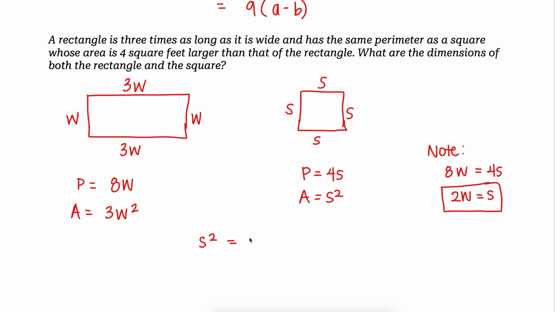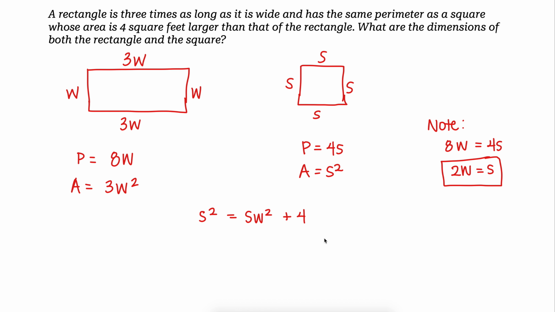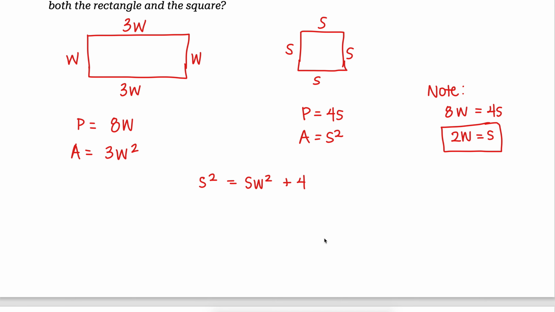So S squared is equal to 3W squared plus 4. Sorry, y'all. I had S on my brain and I wrote an S instead of a 3 here. Let's try that again. There we go.